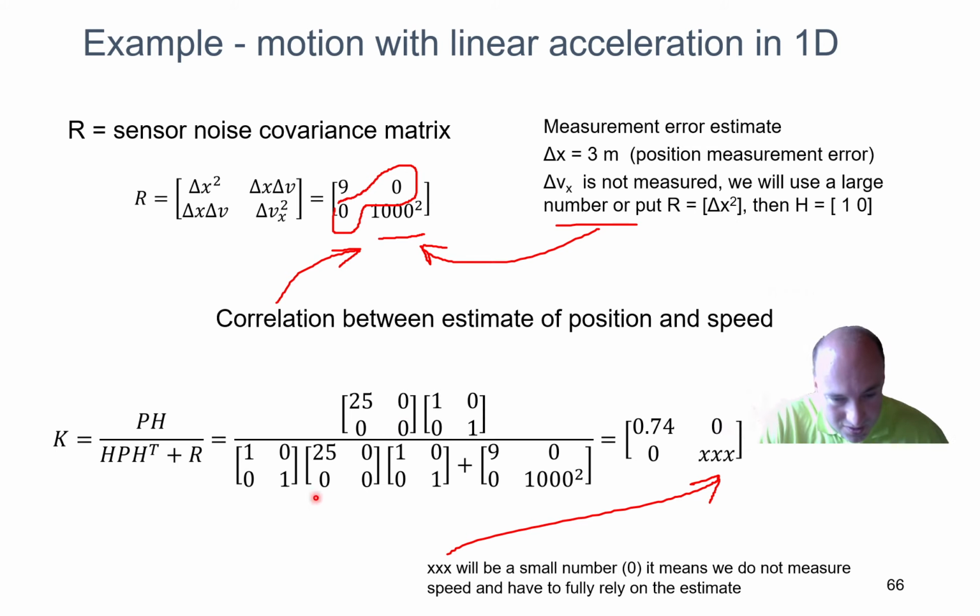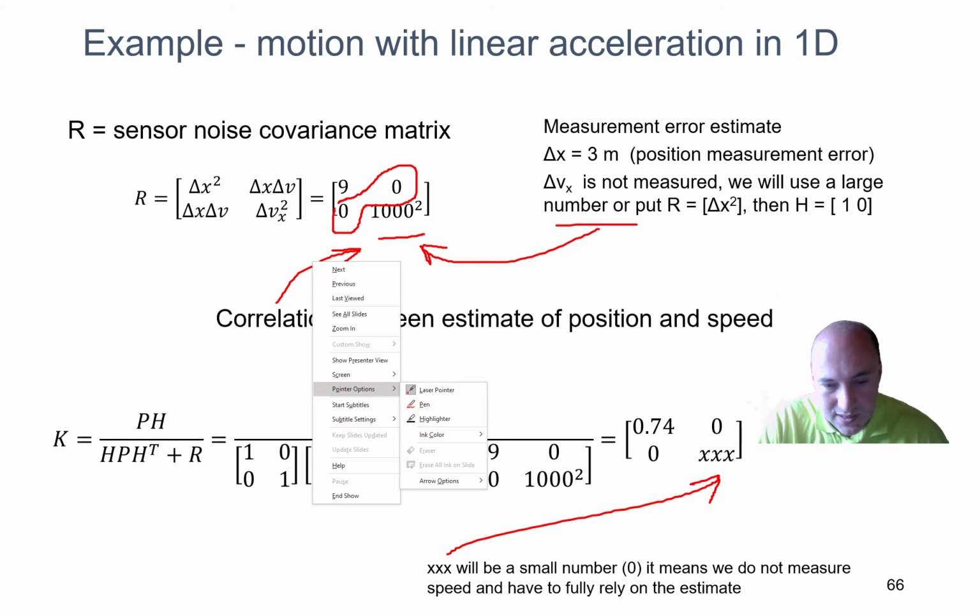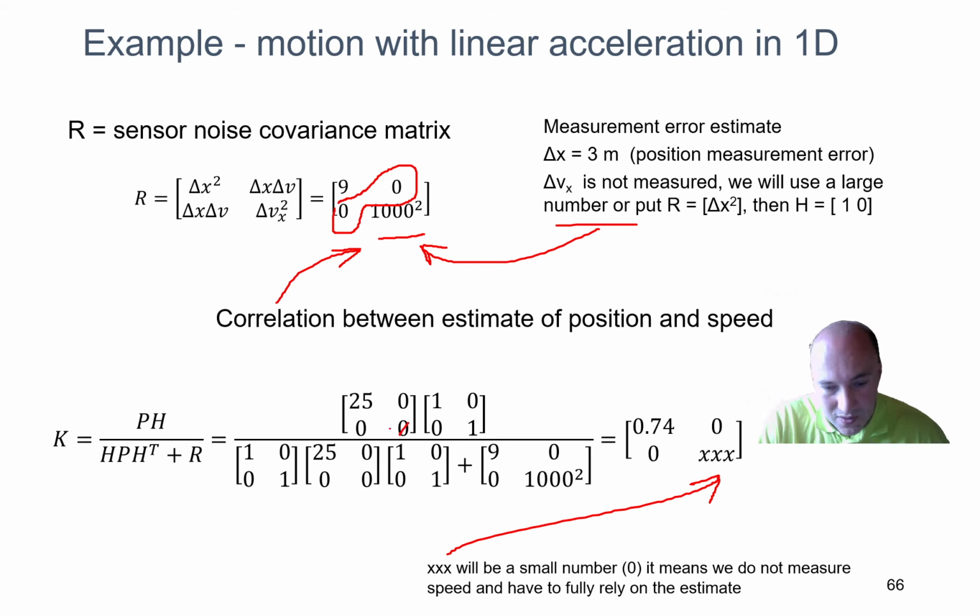So sorry, I will just correct this. So there should be 1, so that it corresponds to the previous slide, and here there should be 1 as well. But in the end it will not matter at all, because it will be divided by some very large number, so it will be 0 at the end. So we substitute this in the equation, we calculate the Kalman gain, and this is the matrix that we will get.